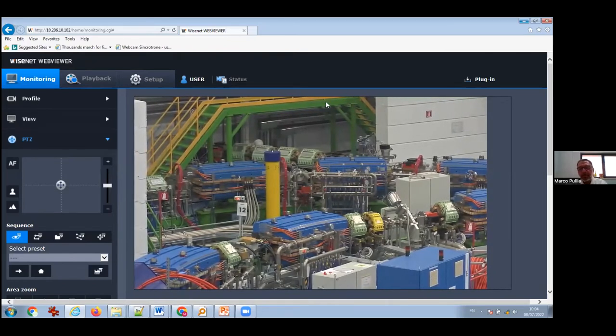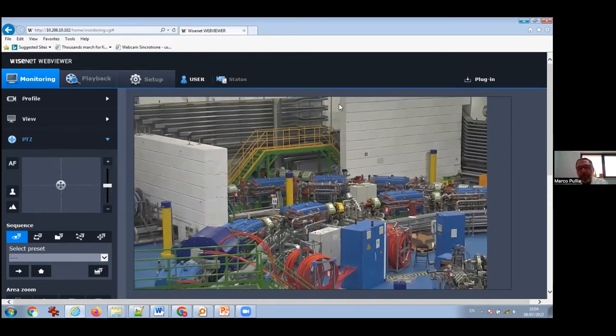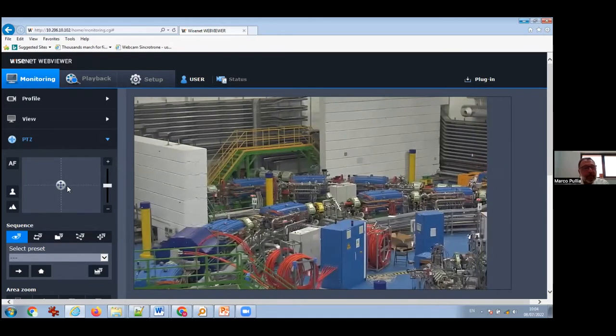This is a stair to go above the line, because otherwise you would be blocked on the side there. And then behind, you see all these cable trays coming out of the wall. This comes from the power supply room and brings the current to all the magnets of the accelerator.